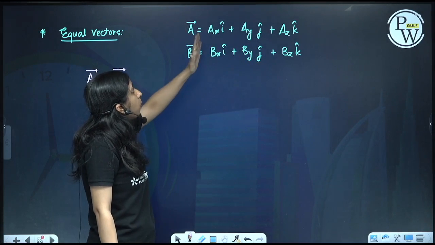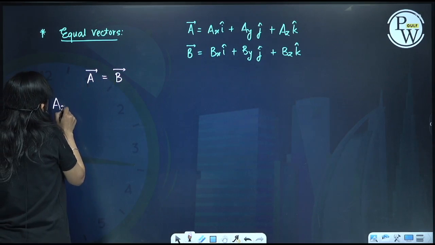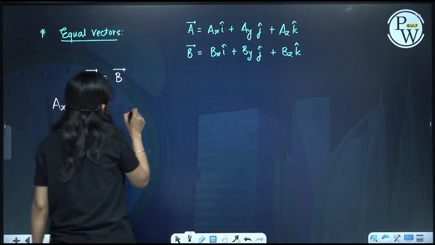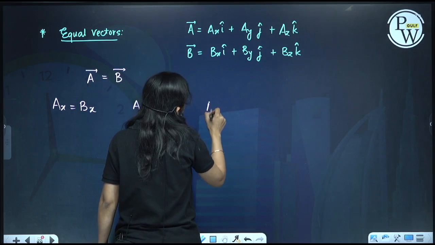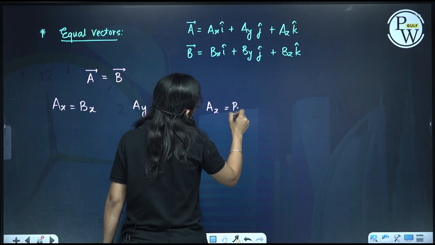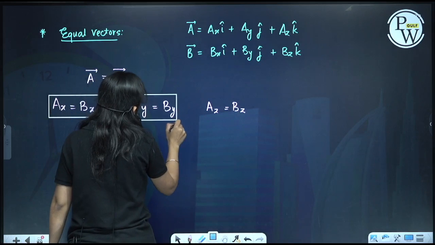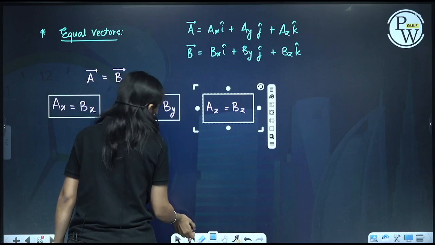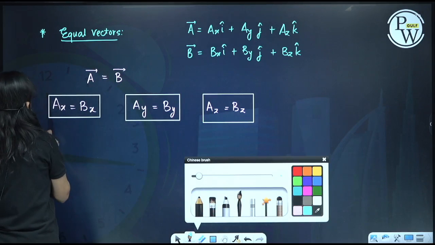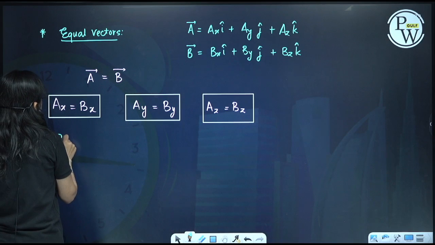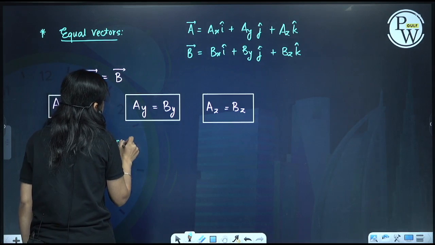A will be equal to B only if ax is equal to bx, ay is equal to by, and az is equal to bz. The two vectors will be equal only if these conditions are satisfied, because equal vectors are equal in magnitude as well as in direction.